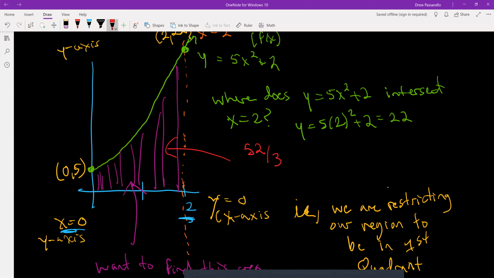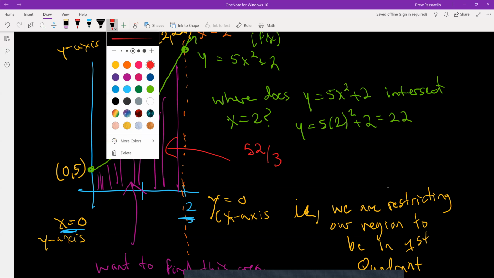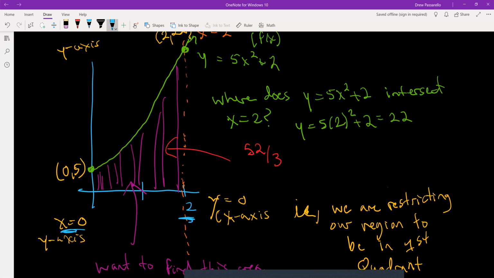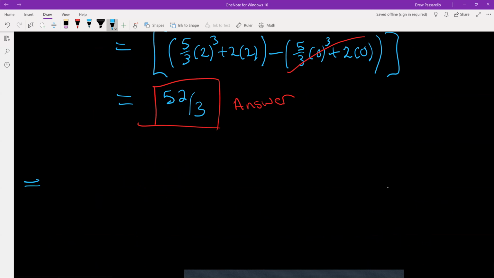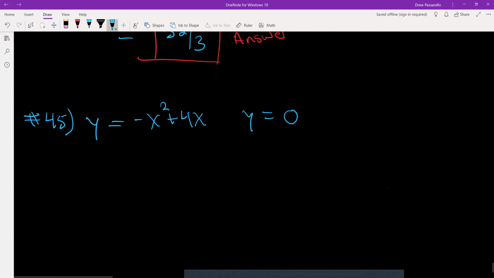Now the next one is number 45. And all they tell us is that we have y equals negative x squared plus 4x, and then y equals 0. Well, y equals 0, that's the x-axis.